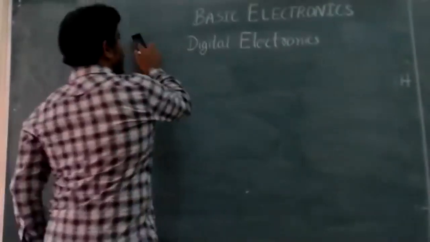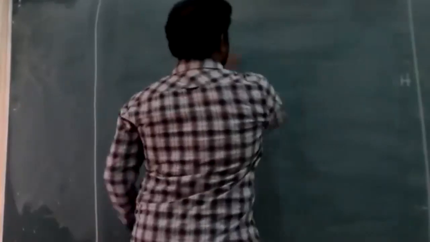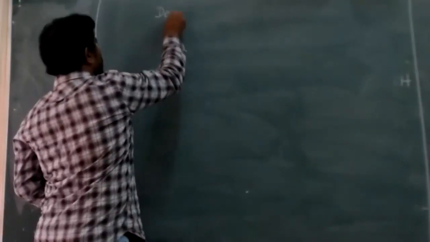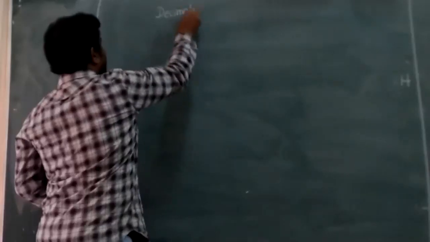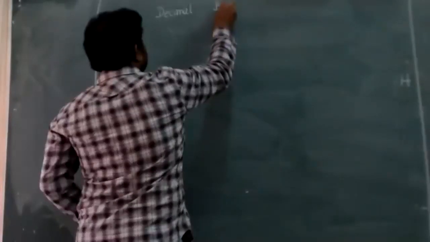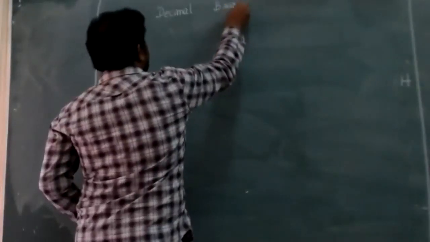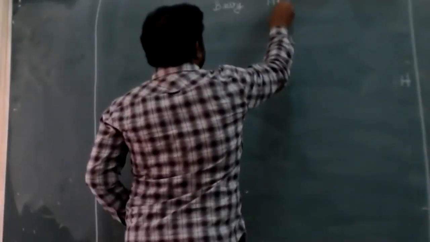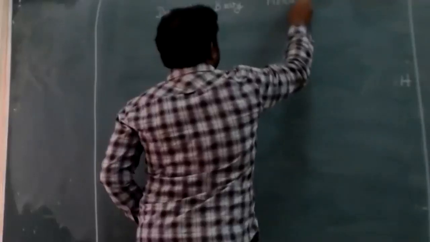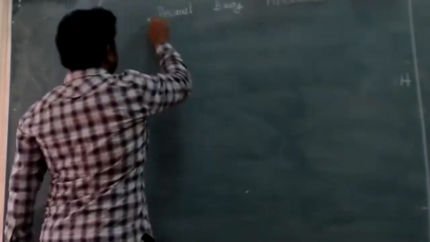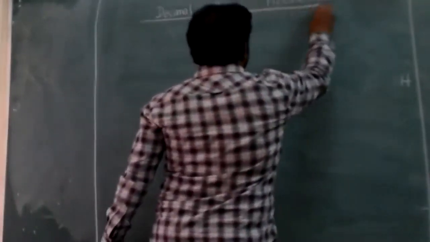In the truth table, in the first column I will consider the decimal number system, in the next column the binary, and in the third column hexadecimal.